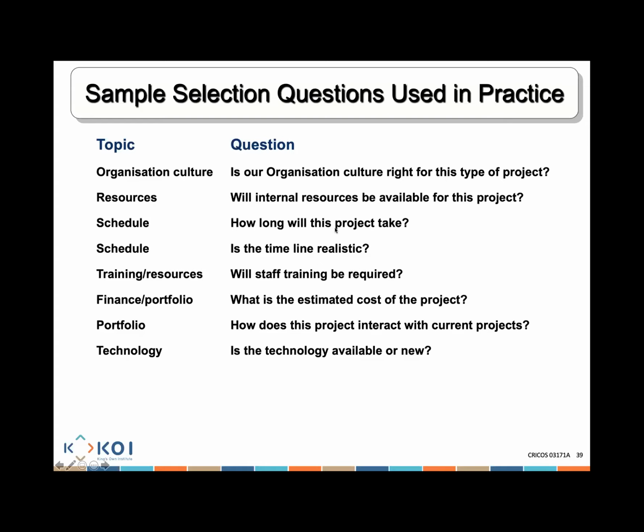How long will it take? Is the timeline realistic? Do I need to train my people? What is the estimated cost for the project? How does this project interact with all the current projects? Is the technology available, or is it a brand new technology that I'm going to have to get?